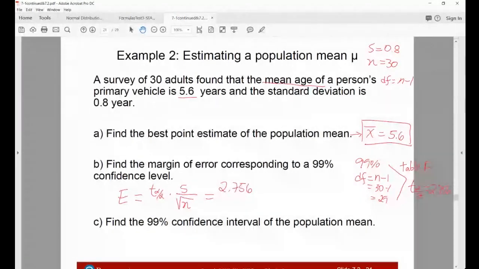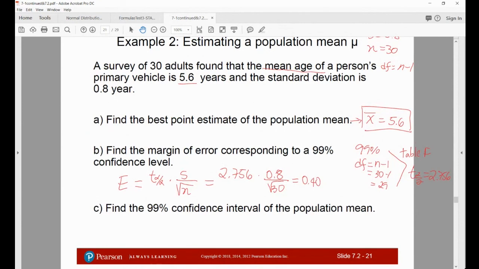So 2.756 times the standard deviation, 0.8, divided by the square root of 30. When you use your calculator, you should get, so this will be the answer for part B, 0.4025.